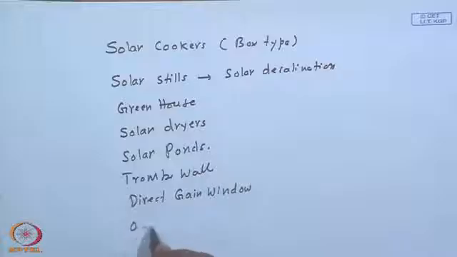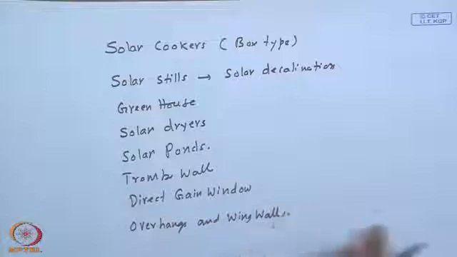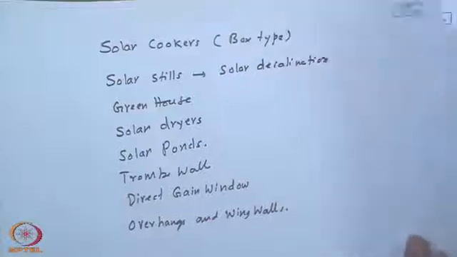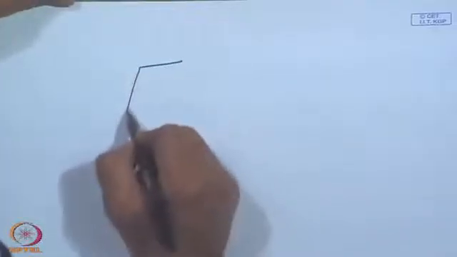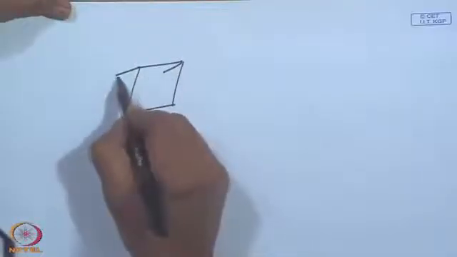Then these are overhangs and wing walls. So, I will just explain this a little bit before we go in detail. For example, you must have seen almost all the windows will have a projection, right.